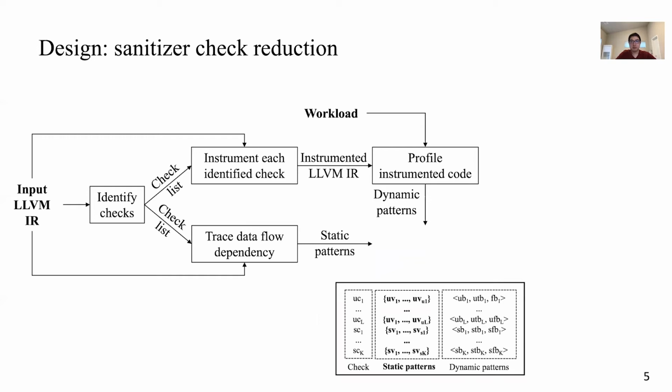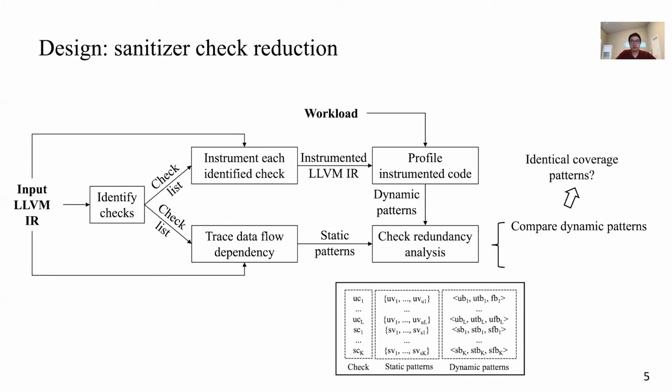After getting both the dynamic and the static patterns of each check, we perform check redundancy analysis. We first compare the dynamic patterns of each pair of checks. If they share identical coverage patterns, we think of them as having the same dynamic patterns.